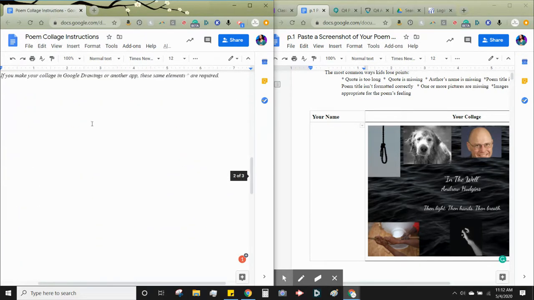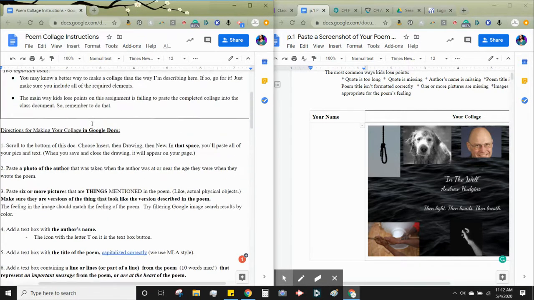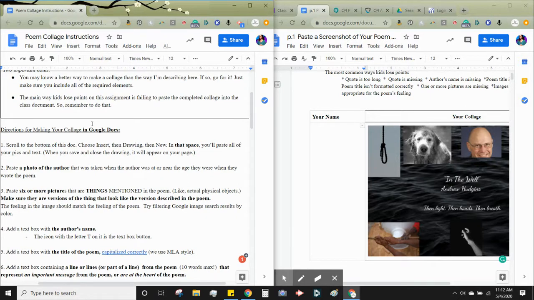I didn't say this at the beginning, but I'll say it now. The point of this activity is to basically force you to visualize what the poet wants you to visualize, right? In writing this poem, the poet is trying to get you to have a series of images in your head.